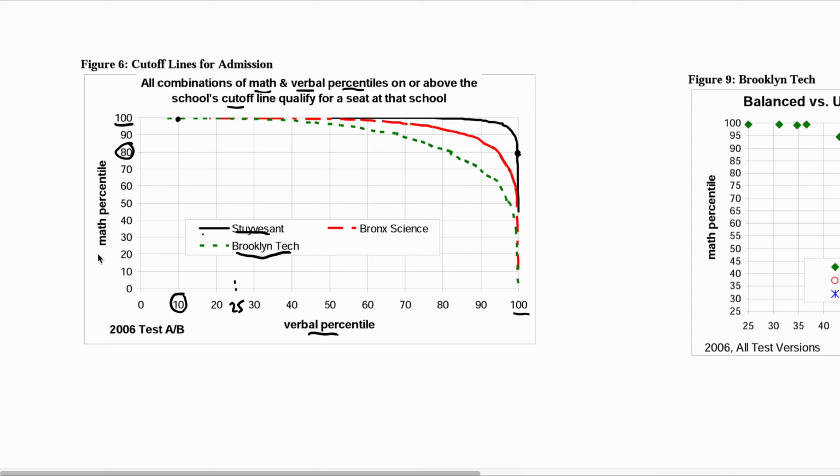So if you were to ace the math and you were to literally randomly guess on the verbal, you would probably end up somewhere around here and you would get in. You would also probably get into Bronx Science even if you ace the math. So the point is that acing one subject is really good on the SHSAT, right? It gives you a big boost.